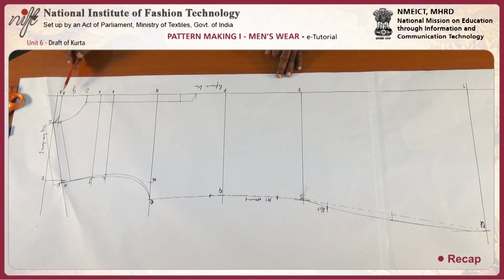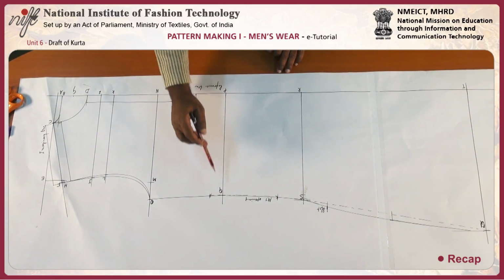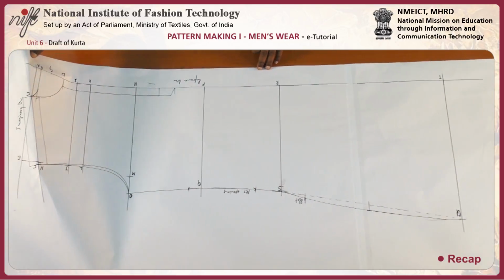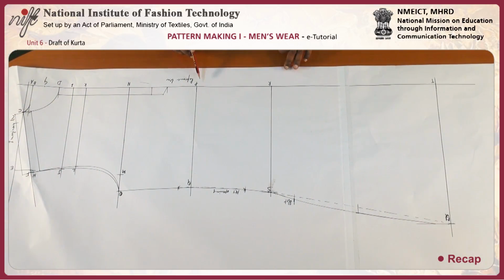Then point B to P is the shoulder, neck to waistline, 43 centimeter. Point P is the waistline. Q is 1/4 of waist, that is 27 centimeter. Then R is the hip level, from P measured 19 centimeter.